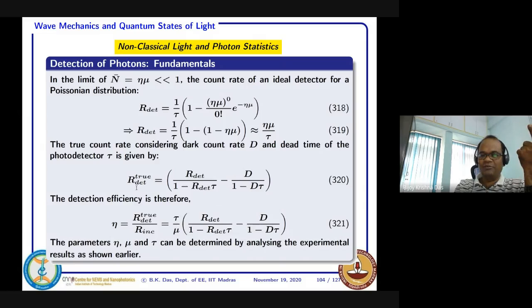Try to prove that the true detection rate will be expressed by this formula, where D is the dark count rate and tau is the dead time of the photodetector. Dead time of the photodetector means that within that time any other photon that comes will not be considered. So within that tau, if two successive photons come, it will not be able to resolve them. In that sense, the true detection rate will be there. I've just copied from that paper.